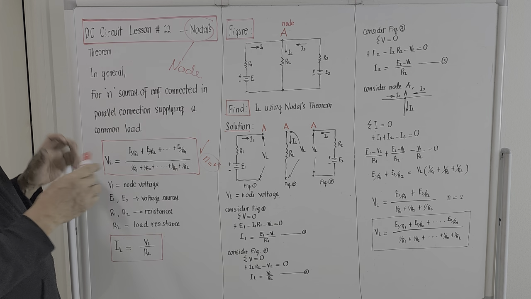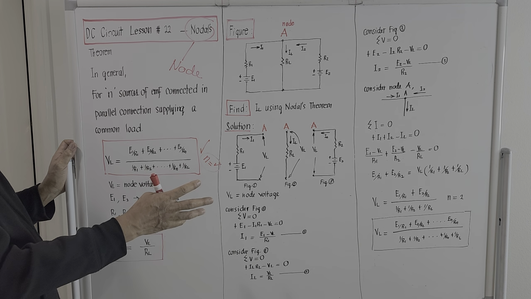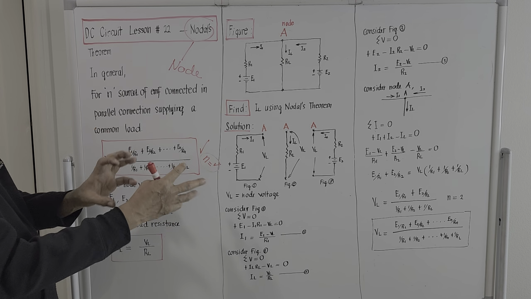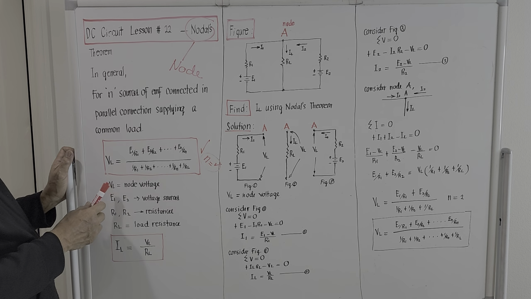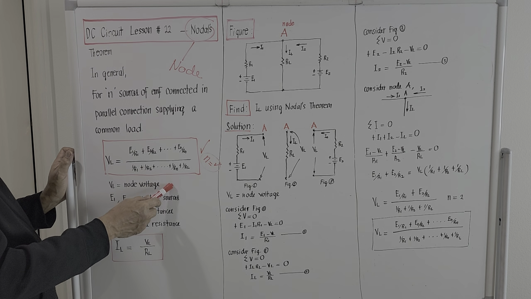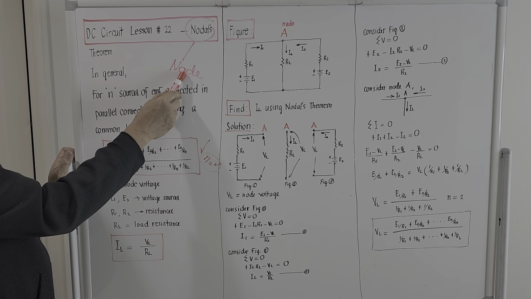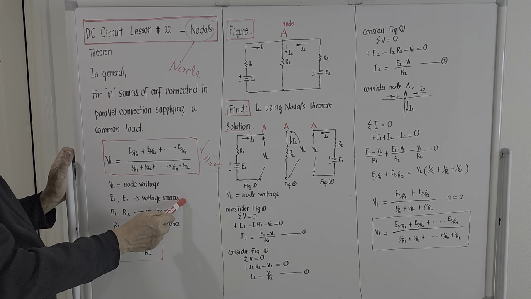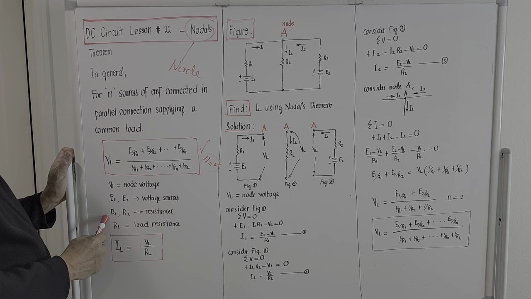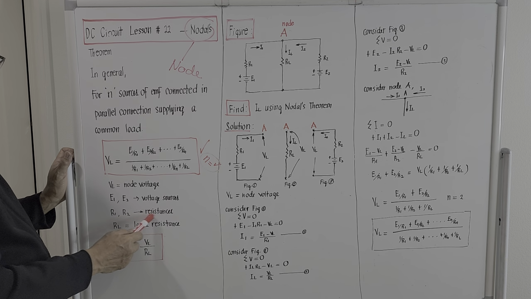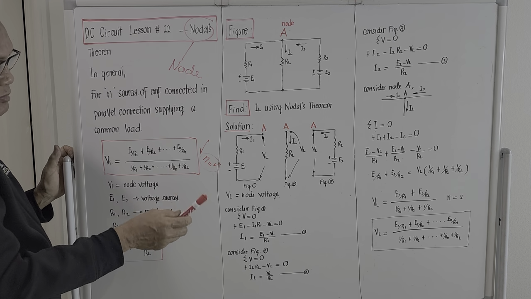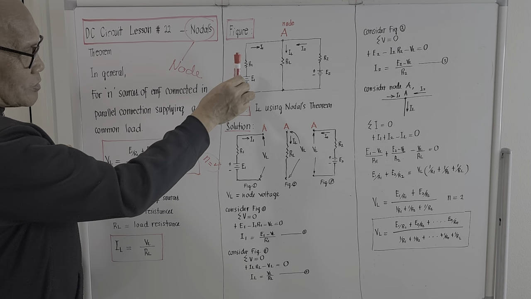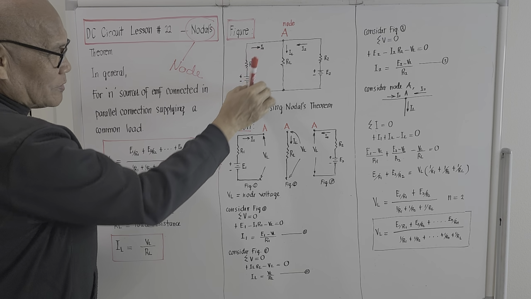The legend of the terms on the equation are actually these. V sub L is the node voltage. E1 and E2 are actually the voltage sources. R1 and R2 are actually the resistances, meaning the internal resistance of each voltage source.